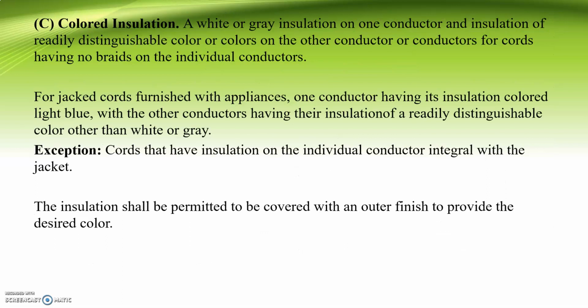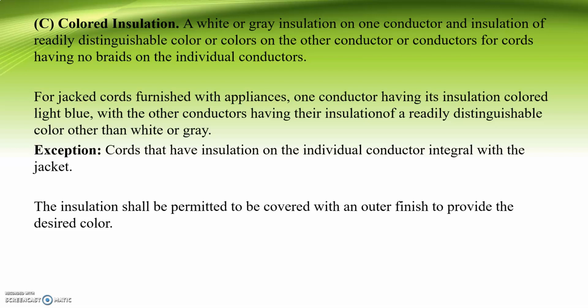C, colored insulation. A white or gray insulation on one conductor and insulation of readily distinguishable color or colors on the other conductor or conductors for cords having no braids on the individual conductors.